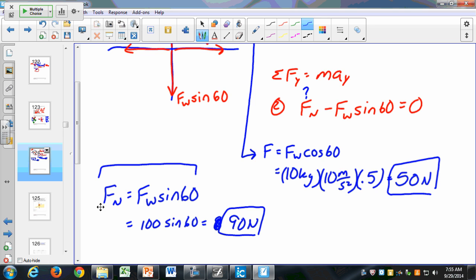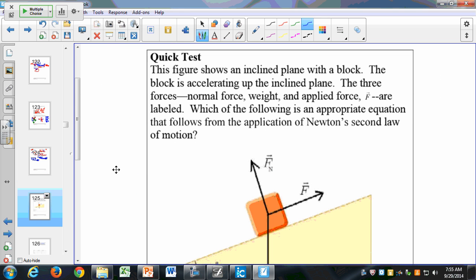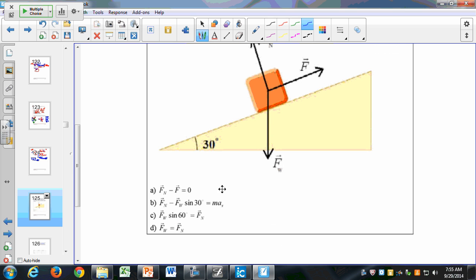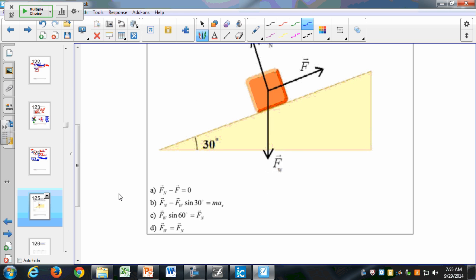Alright, let's try this clicker question. I have here a figure on an inclined plane, and then I have a series of equations, some of which are incorrect, and there's only one correct equation. I want to know which of these is the correct equation.